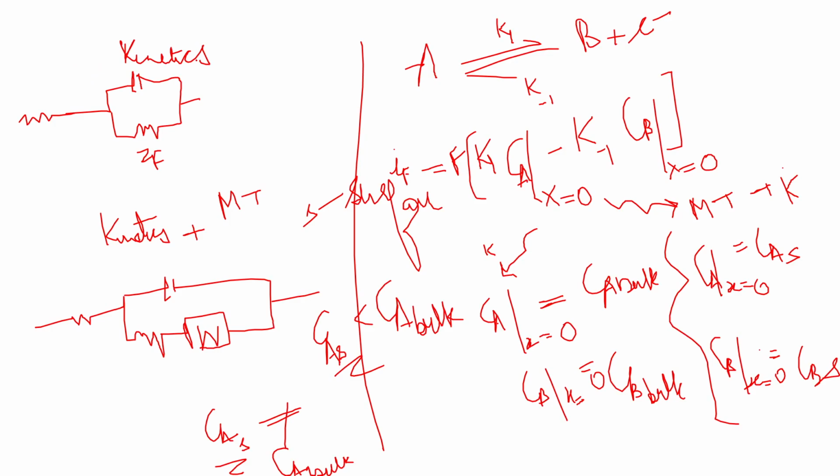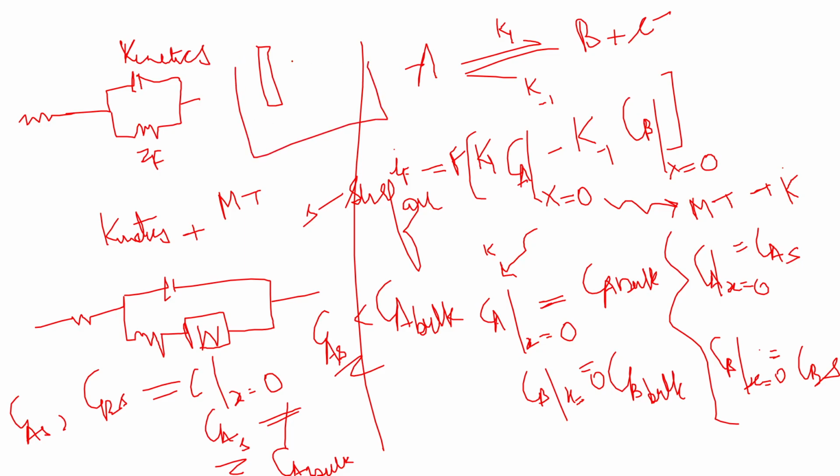So now the next one is IF. For a general expression, irrespective of the case, Cbs is the concentration at x equal to 0, at the electrode surface. We have an electrode, we immerse it in an electrolyte, and we say this place is x equal to 0.